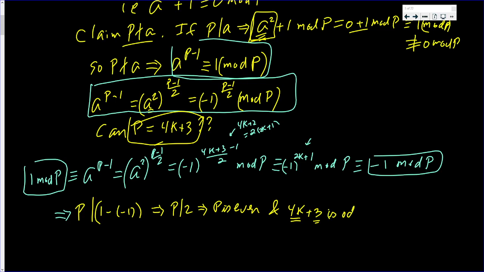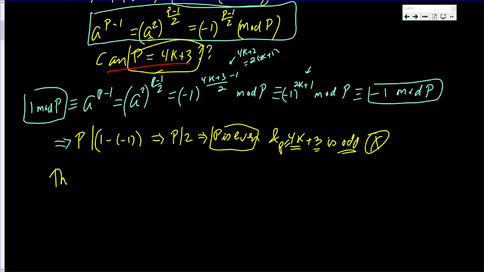Well, that's a contradiction. P cannot be even and p cannot be odd at the same time. So, can p equal this? No. Therefore p is equal to 4k plus 1.